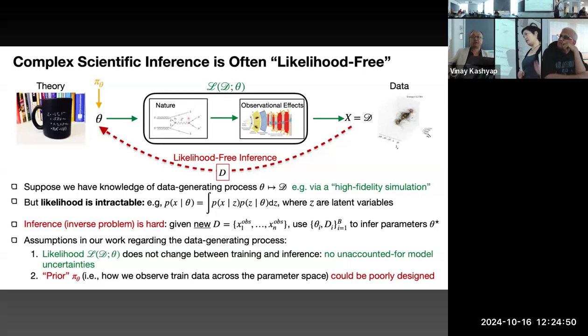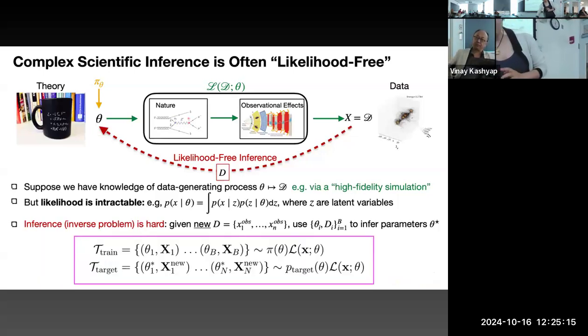The assumption I have in the framework I will show is that the likelihood does not change between training and inference. So there are no unaccounted for model uncertainties. So you assume the model is the same. But what I call the prior, which is how we observe my training data across the parameter space, could be poorly designed.